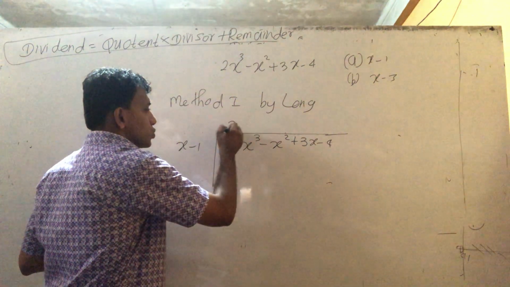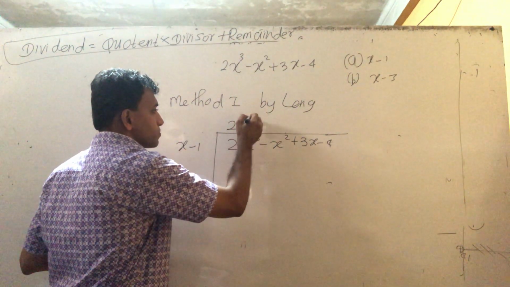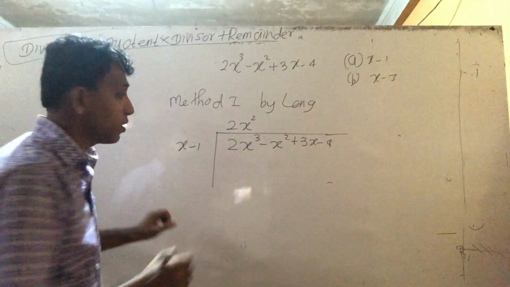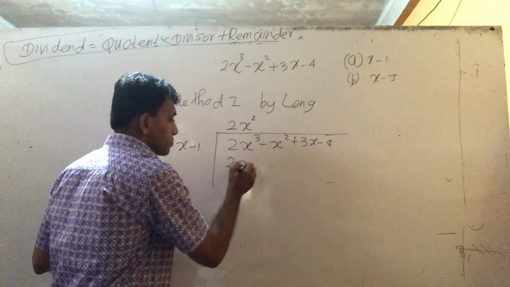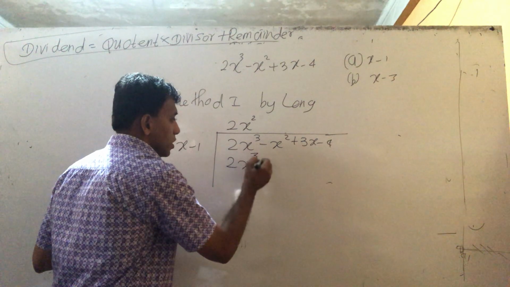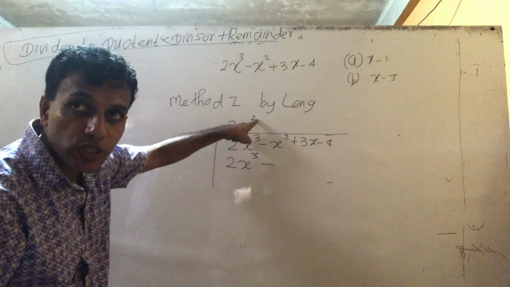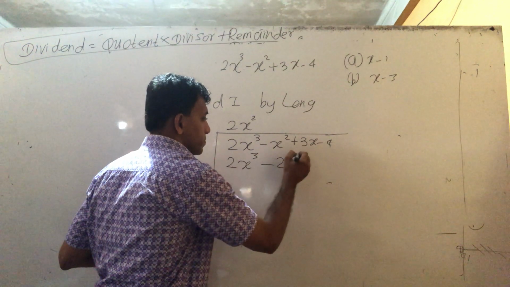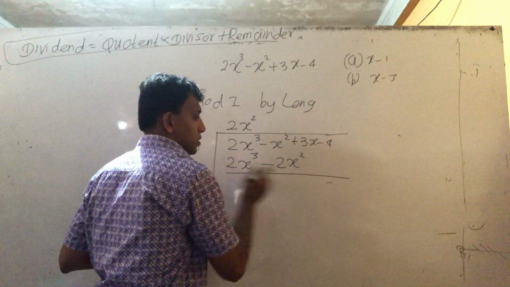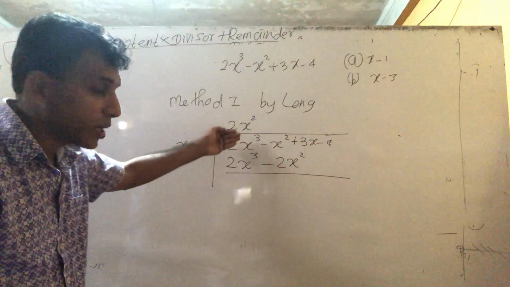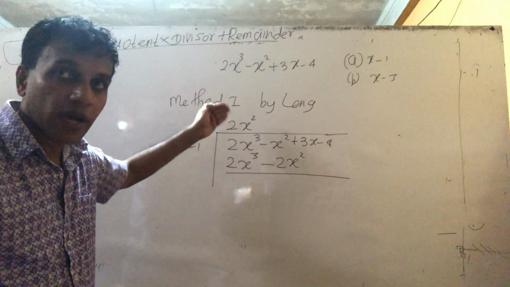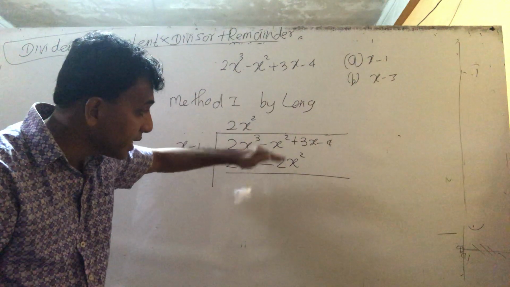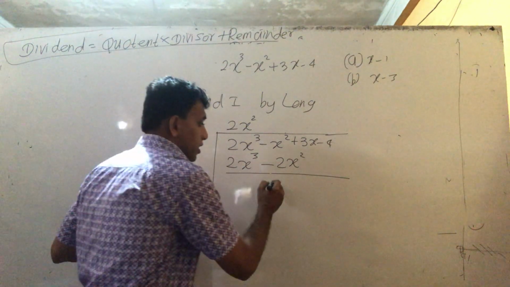Therefore, here 2x square. Then 2x square into x is what? 2x cube, minus 2x square into 1, 2x square. Now subtract: 2x cube minus 2x cube is 0 when you subtract. This minus this becomes positive, therefore x square.